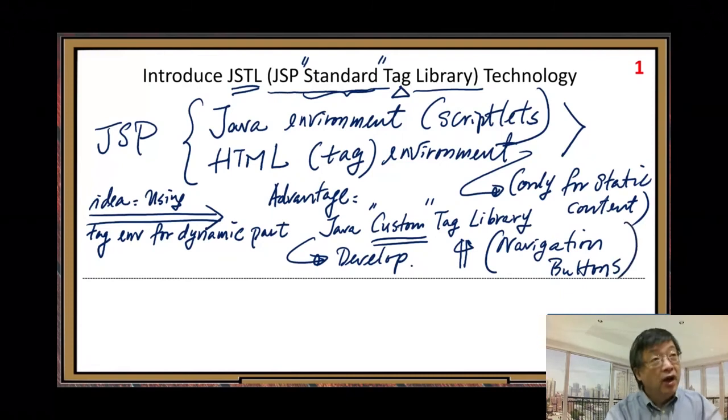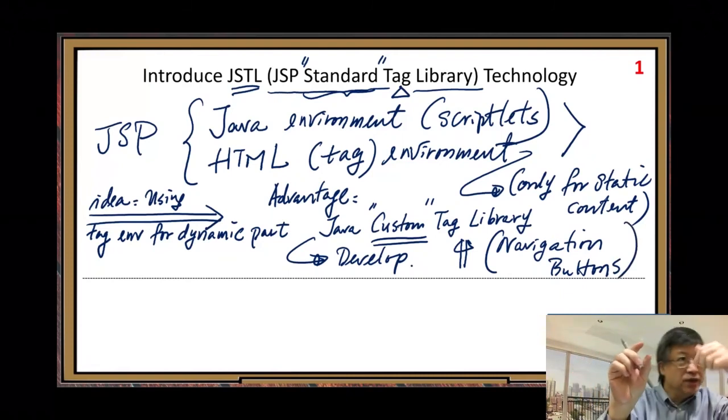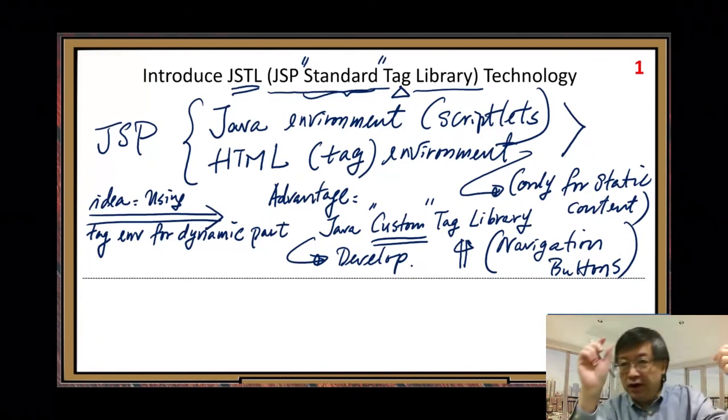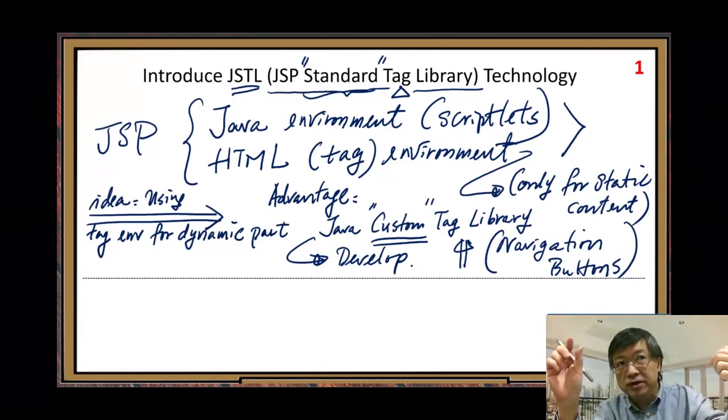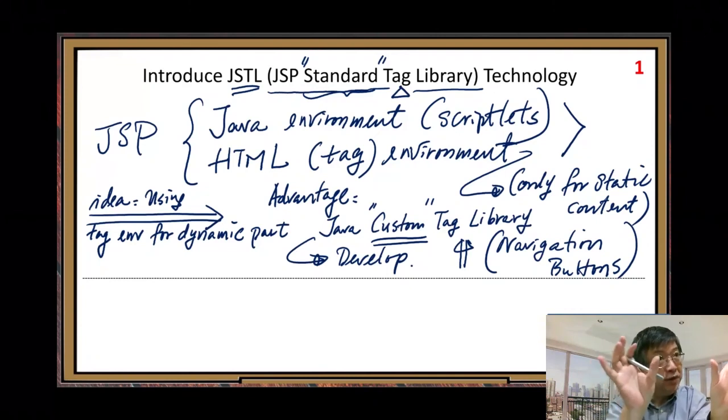So what's that? Previous, next button, right? You click the previous button, you go to the previous page. You click the next button, you go to the next page. But when you write the code for those buttons, first, we need to put dynamic content there, right? Some page-related data we should associate with those two buttons.